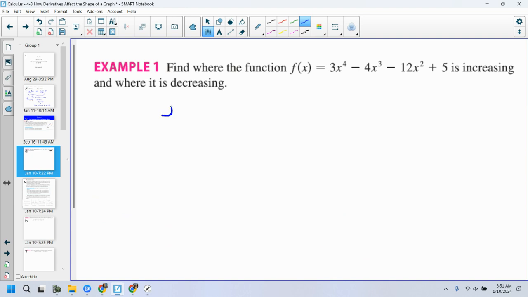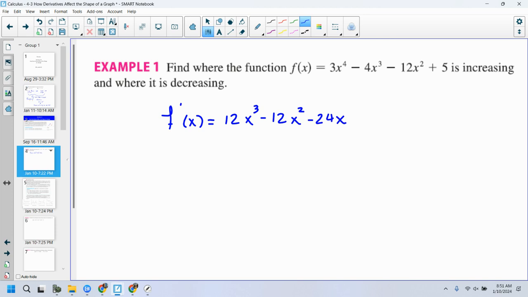To do so, I need to find my critical values. And to find my critical values, I just find the derivative. And really, that derivative is going to tell me where the function is increasing and where it's decreasing as well. Well, my derivative is quite easy here. We get 12x^3 minus 12x^2 minus 24x, right?